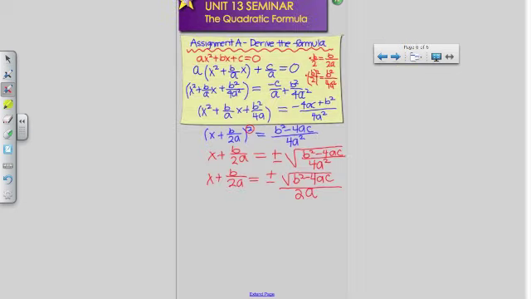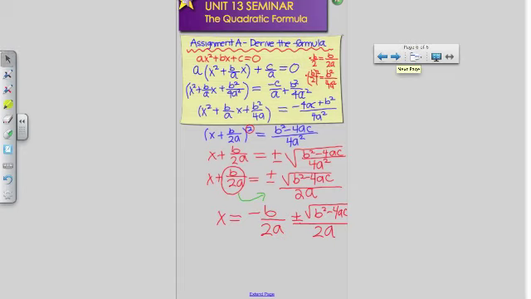So I'm getting closer and closer to the quadratic formula. So x is equal to negative b over 2a, because I'm just bringing this over to the right-hand side. Negative b over 2a plus minus the square root of b squared minus 4ac all over 2a.